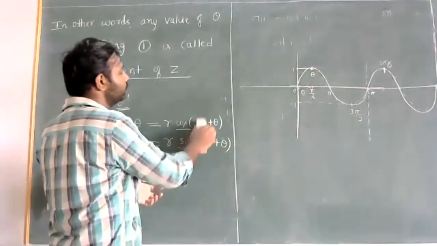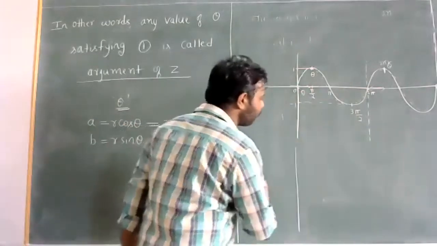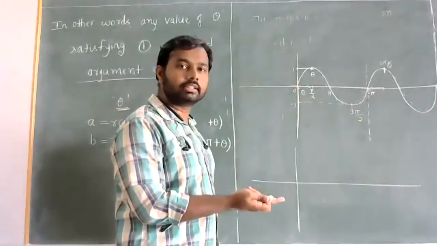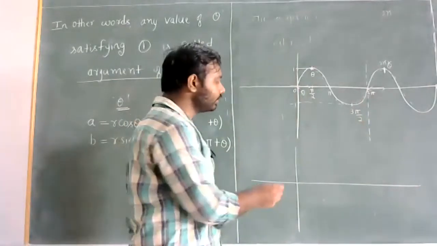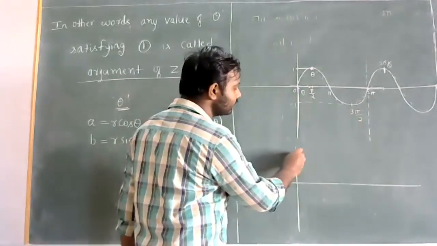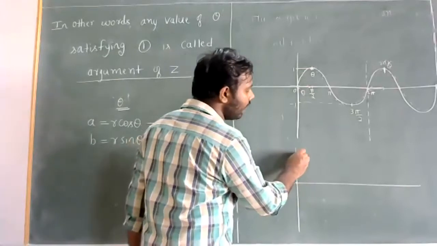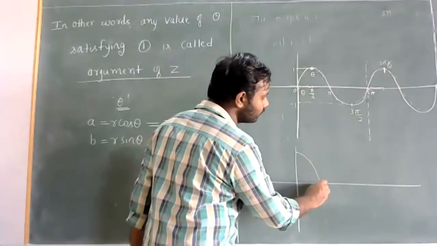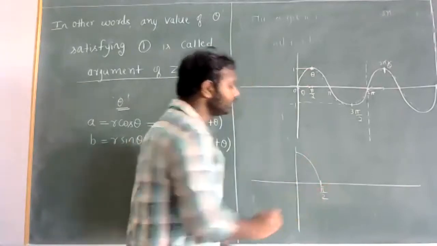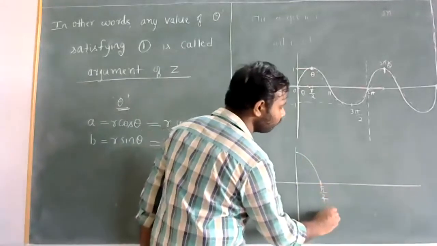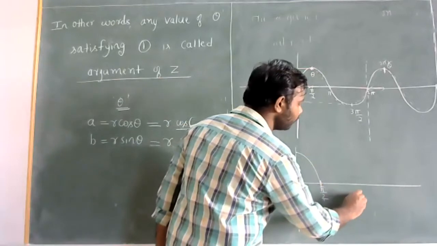Similarly, cos also, because the graph of cos is: cos 0 is 1, so it starts here. Cos 0 is 1 and cos 90 is 0, and like this it goes on.